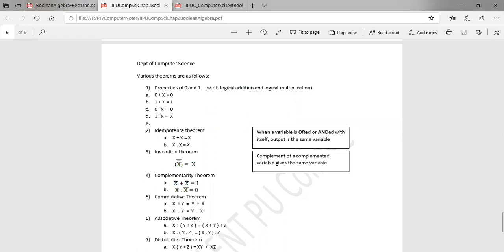And the next two, C and D, are with respect to logical multiplication. That is 0 dot x is equal to 0, and 1 dot x. 0 and 1 added, 0 and 1 multiplied. Hope you have understood this. The proofs of these we have also done. We do the proofs using two methods. One is the perfect induction method, that is by substituting all the values for x.